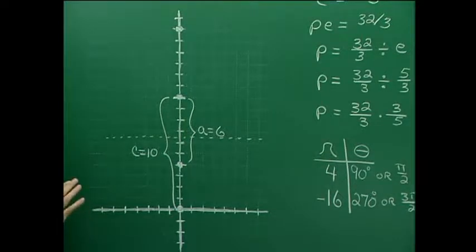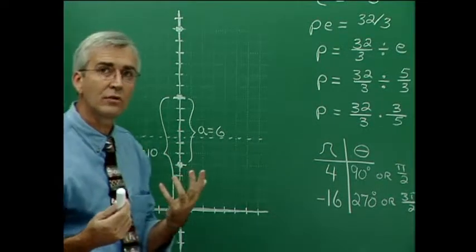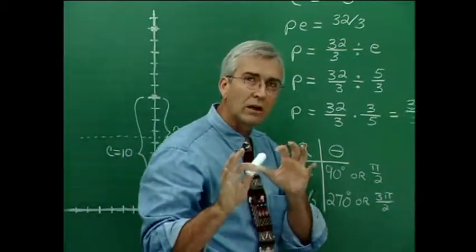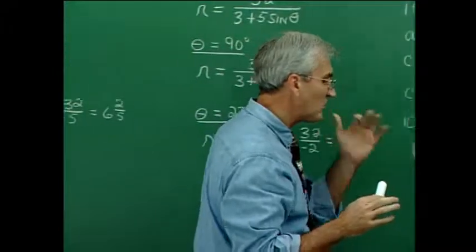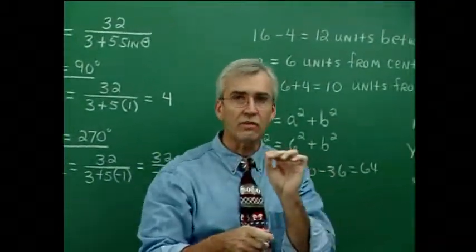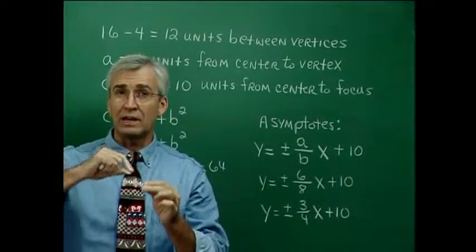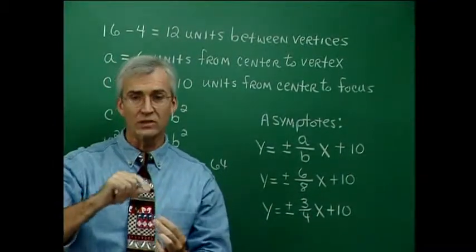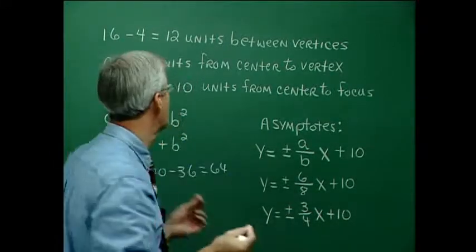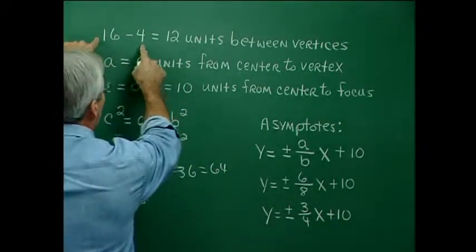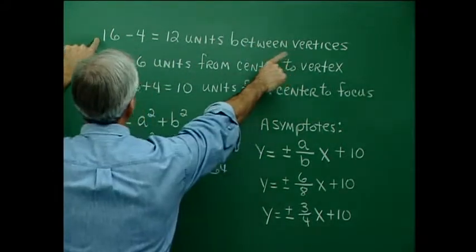Okay, if we were taking an algebraic approach with this, then we could approach it in this way. We have this notion of those distances from the focus. Remember that distance of 4, and then that distance of 16. So 4 was the distance to one vertex, 16 the distance to the other vertex. And so 16 minus 4, 12, represents the number of units between the vertices.